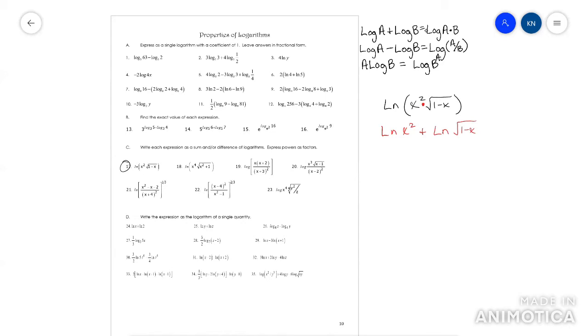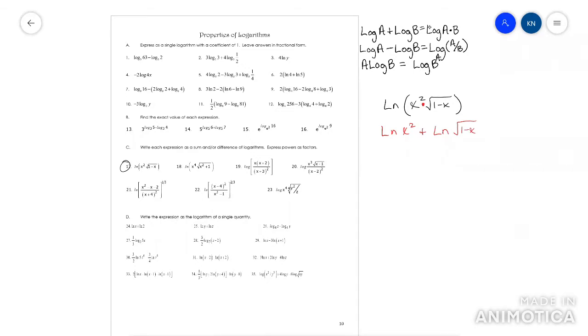Now, this ln of 1 minus x under the root, you need to realize that it is the same thing as if you wrote 1 minus x to the 1/2. Why you would want to do this is because now they both have exponents, and you can use this third rule where if you have the exponent on the inside of the log, it can go be a number in front of that word.